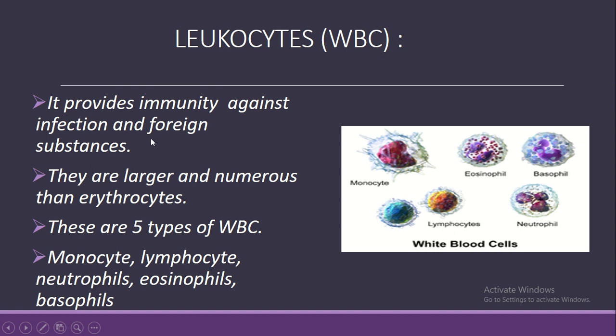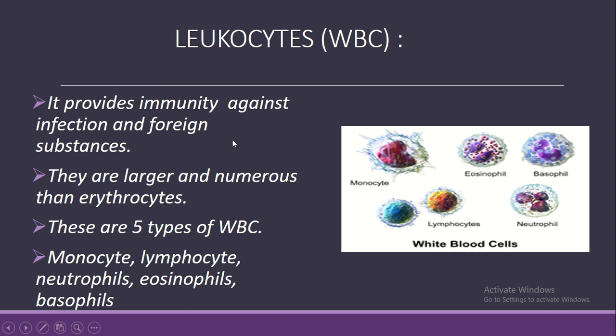When we have a fever, or if we have something abnormal in our body, they check our blood and tell us to go and give a blood test. Immediately for any infection, the WBC count will be very high.